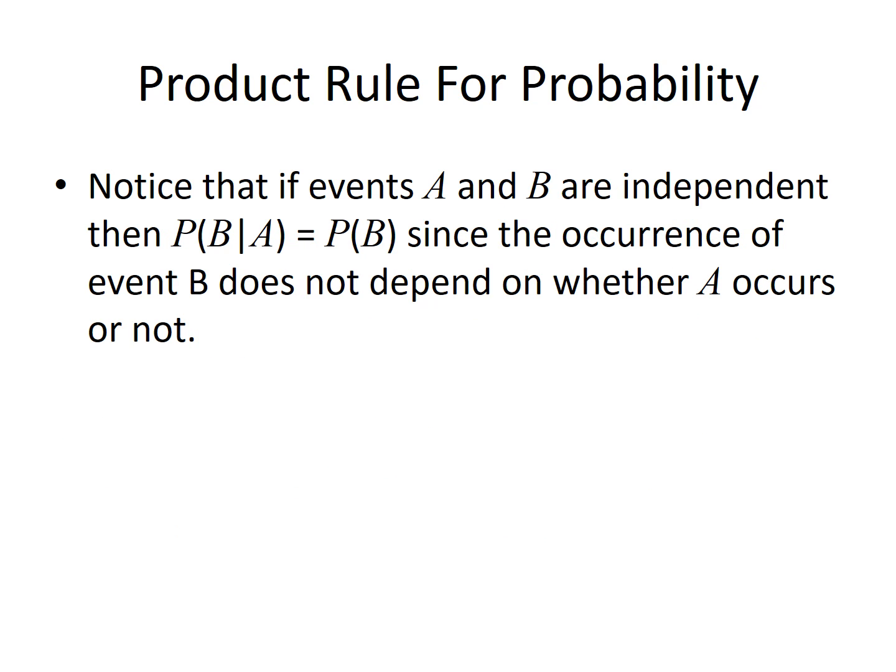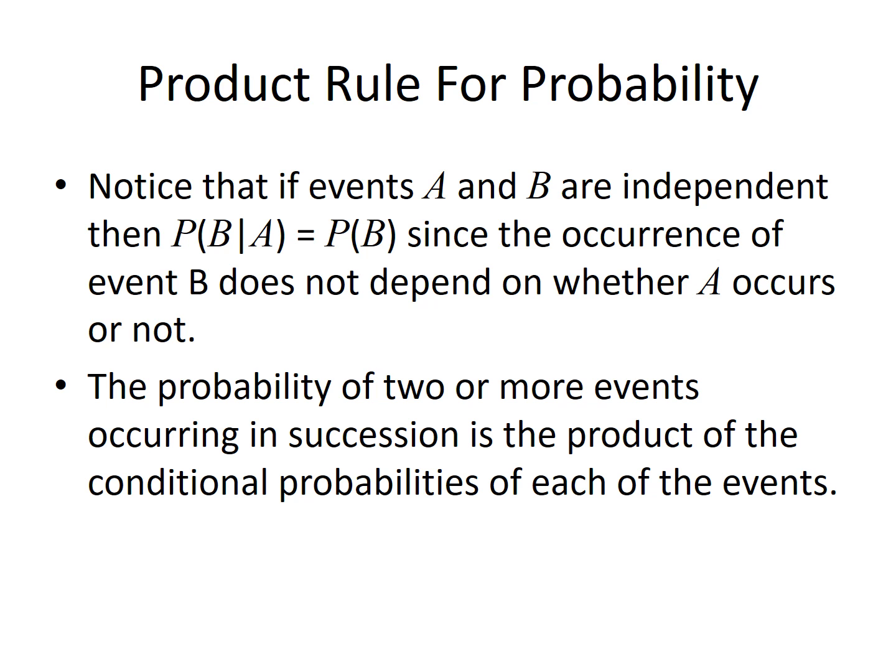Notice that if events A and B are independent, then the probability of B given A is simply equal to the probability of B, since the occurrence of event B does not depend on whether A occurs or not. The probability of 2 or more events occurring in succession is the product of the conditional probabilities of each of these events.